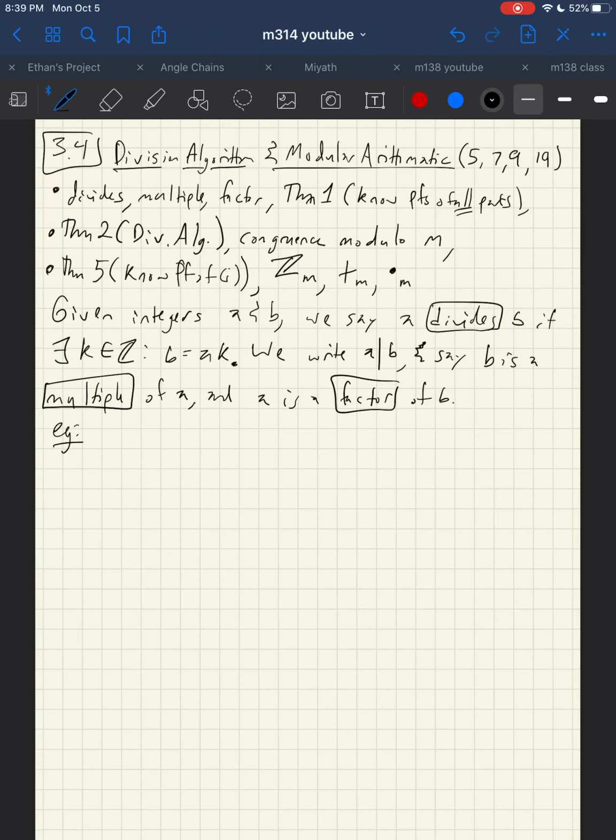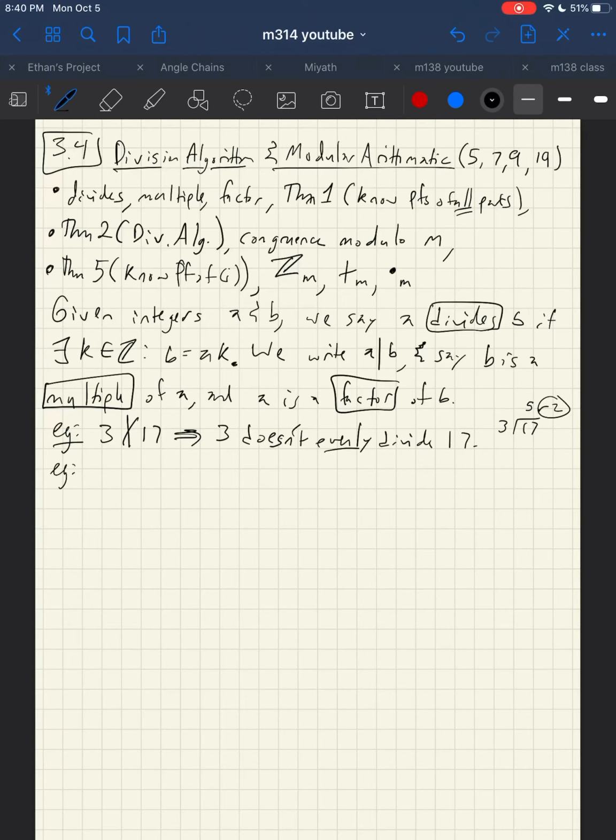So let's do a couple of quick examples. Does 3 divide 17? No, it does not. 3 does not divide 17 because 3 doesn't evenly divide 17. That is, if I put 17 inside the house and 3 outside the house, I get a 5 here and a remainder of 2, right?